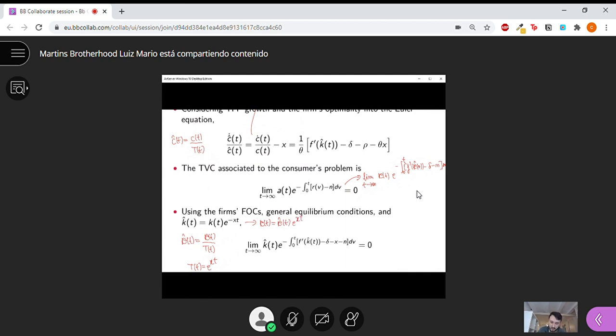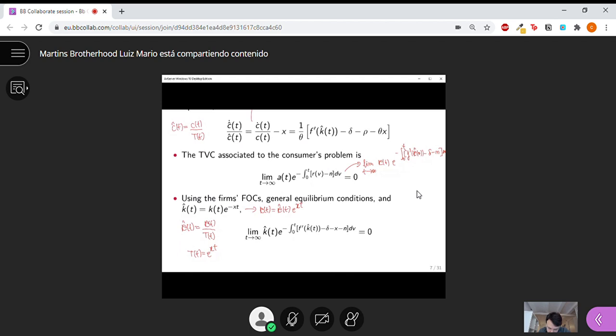Okay, so we can plug in k hat e to the power of xt, and then we would have the exponential of something times the exponential of the integral. The multiplication of the exponentials is the exponential of the sum.